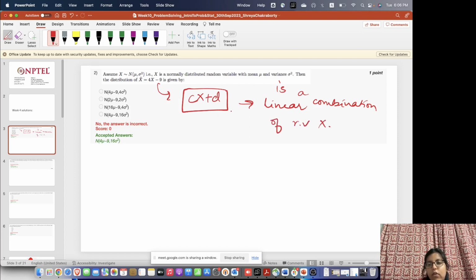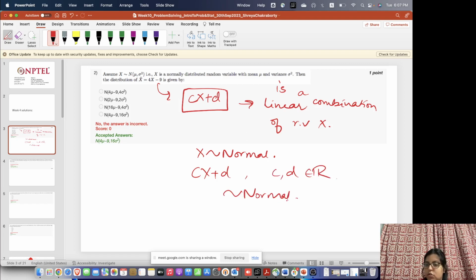Since x follows a normal distribution, any linear combination cx plus d, where c and d can belong to any number on the real line, will also follow a normal distribution.